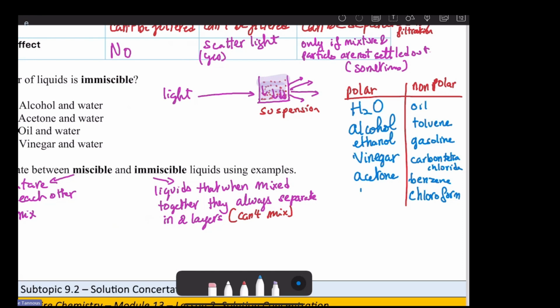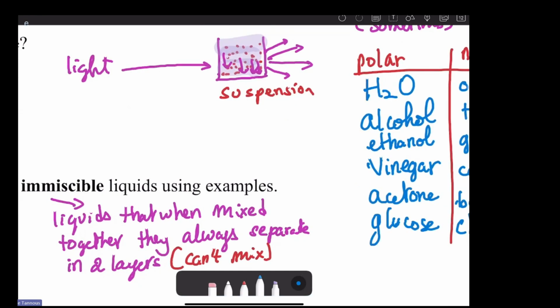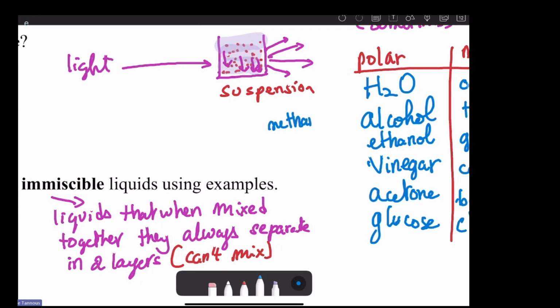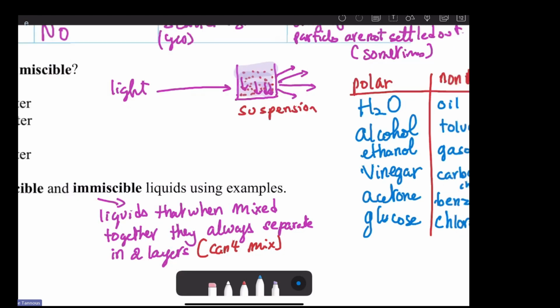Glucose, maybe glucose syrup. Anything that ends with "ol", like for example methanol. If they gave you methanol instead of ethanol, that's also alcohol.